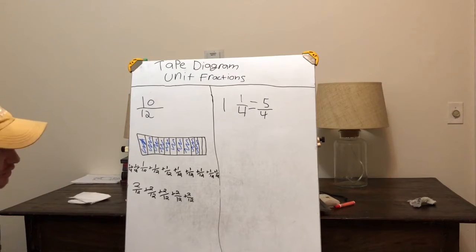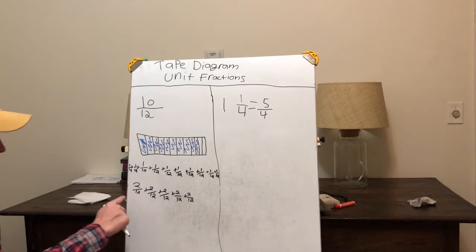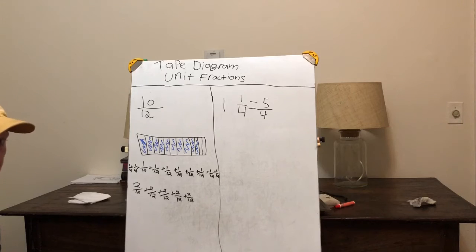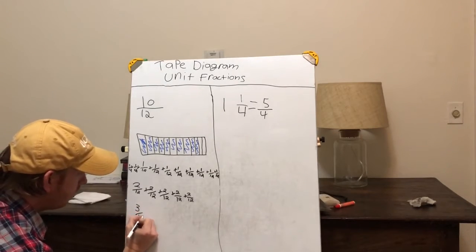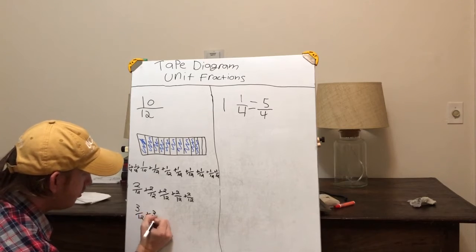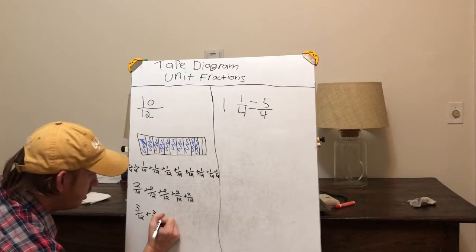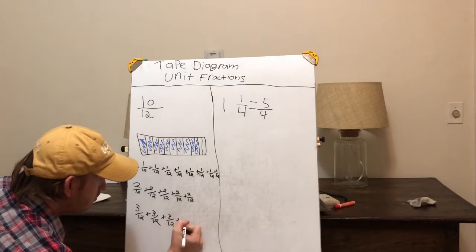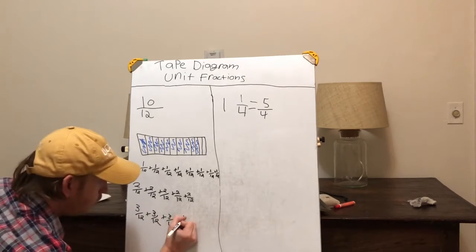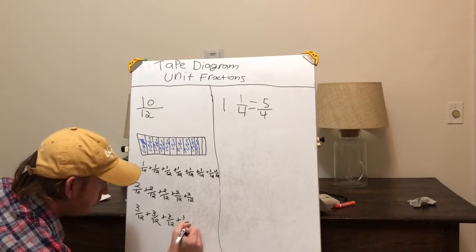Are there any other ways I could do it though? None as neat as this, but I could do 3 over 12 plus 3 over 12 plus 3 over 12 plus 1 over 12.